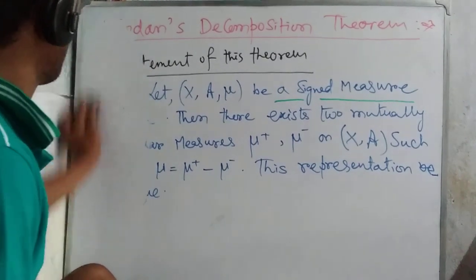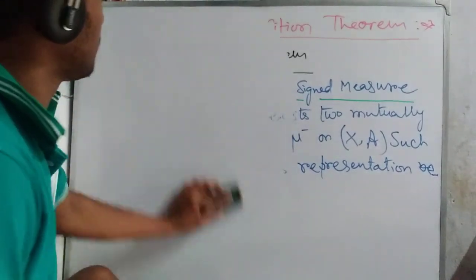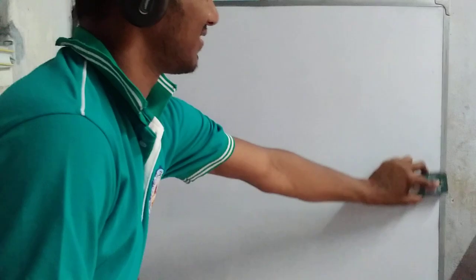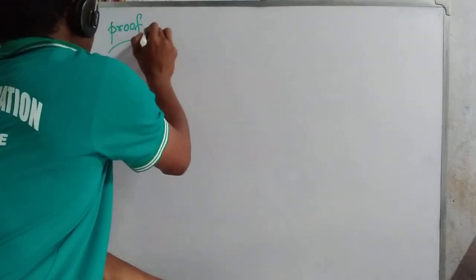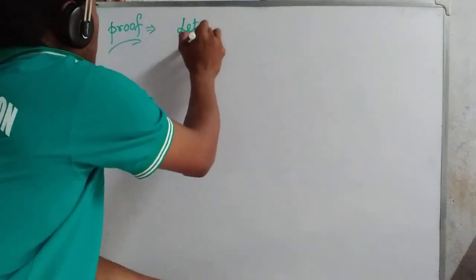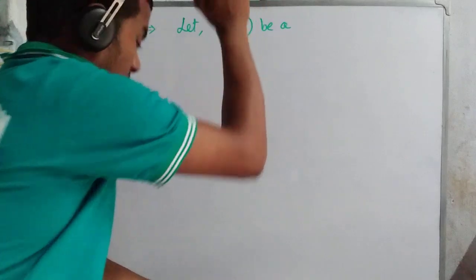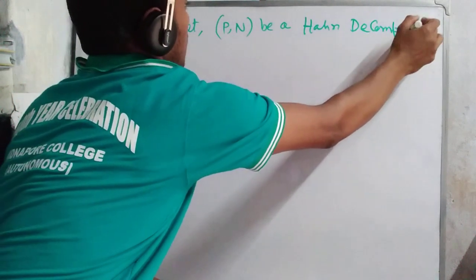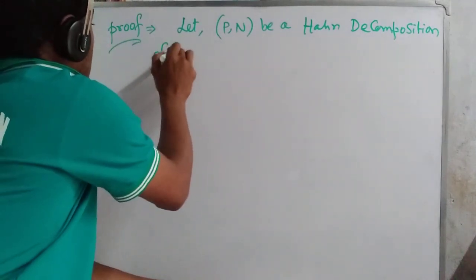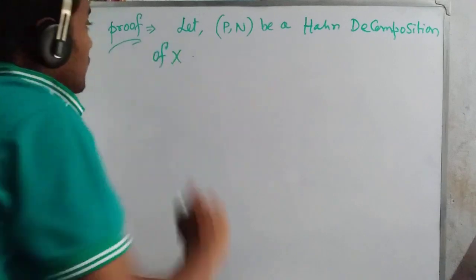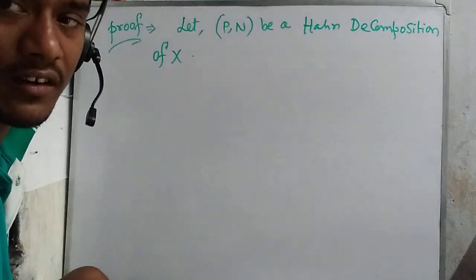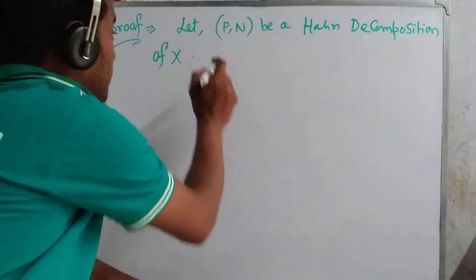We erase that portion and go to the proof. Let (P, N) be a Hahn decomposition of X. We know P is the positive set and N is the negative set, as we discussed in earlier classes.